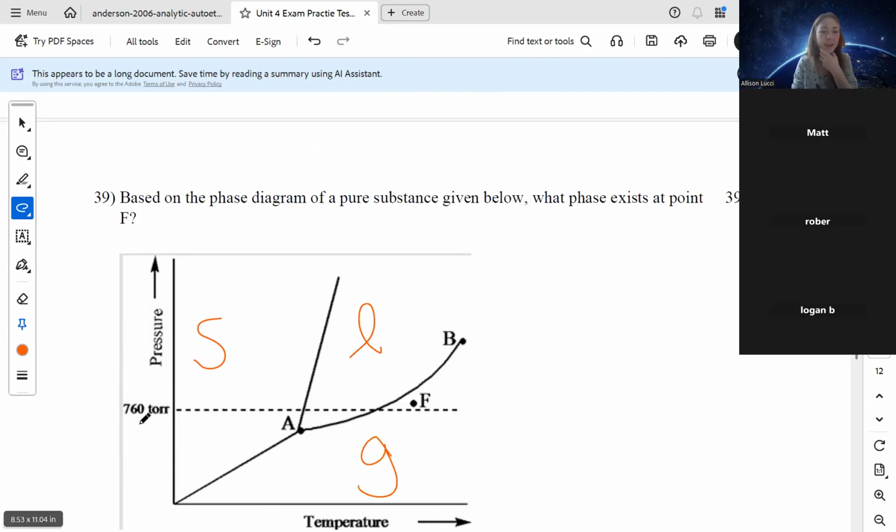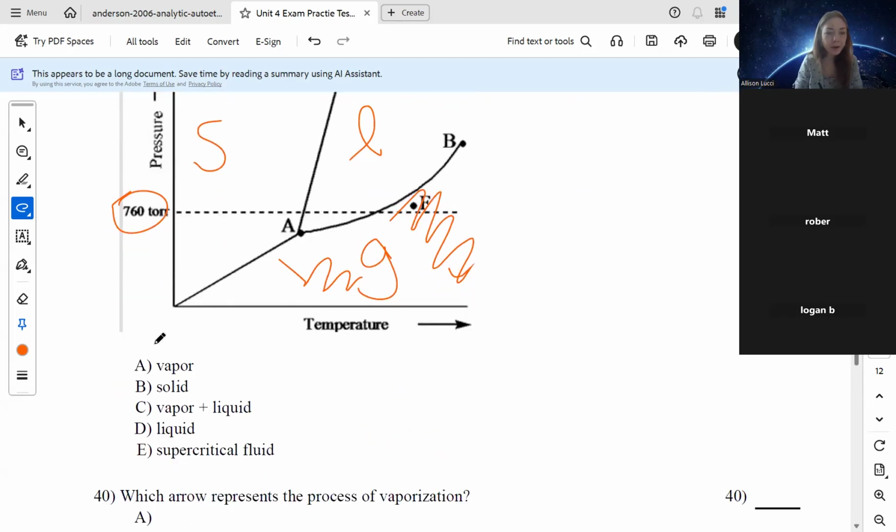So if we look at normal atmospheric pressure here, 1 atm, 760 torr, point F here, this would be in the gaseous phase. Just because it's above the dotted line doesn't mean that it's not in this phase. So point F here, we would say is vapor. Vapor is another way of saying gas.